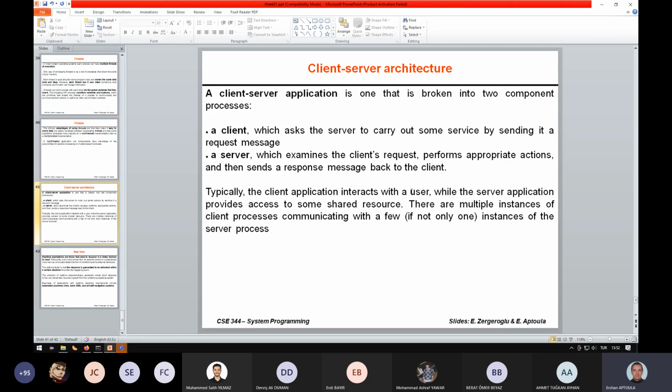So one server where you have a process which waits for connections, which waits for requests from the clients and responds to those clients. We will see what is the proper way to implement a client, what is the proper way to implement a server, what are the issues to pay attention to. And if we have time, I will also talk to you about some peer-to-peer applications, which is gaining a lot of momentum in the last few years.